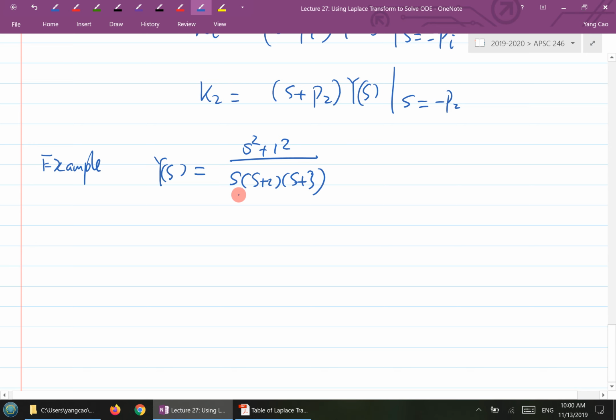Apparently, this is exactly in the same formula. When you set the bottom equal to 0, you get s equal to 0, s equal to negative 2, s equal to negative 3. So there are 3 distinct poles, and this is in the simple poles format. So we can separate this fraction into 3 terms: k1, k2, and k3.